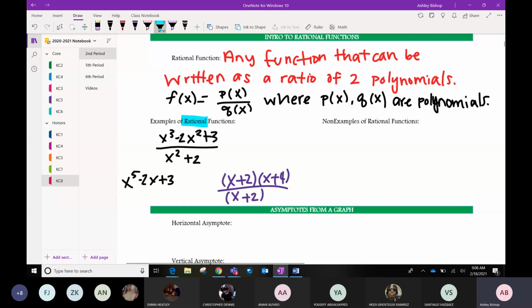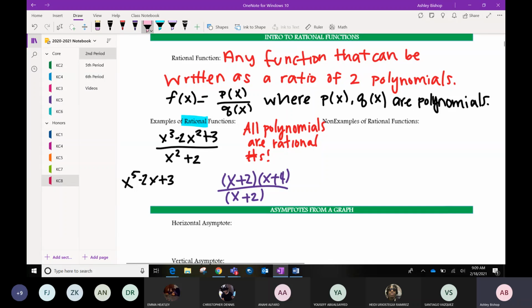All of these are rationals. All polynomials are rational numbers. So you might want to write that down. All polynomials are rational numbers.